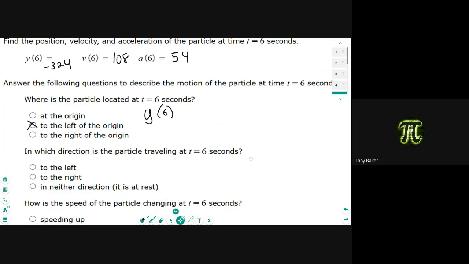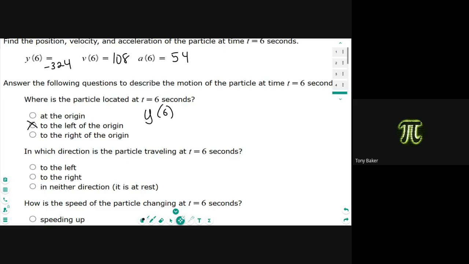In which direction is the particle traveling at t equals 6 seconds? So we're going to be using the what in this case? We're looking at the direction it's traveling in.